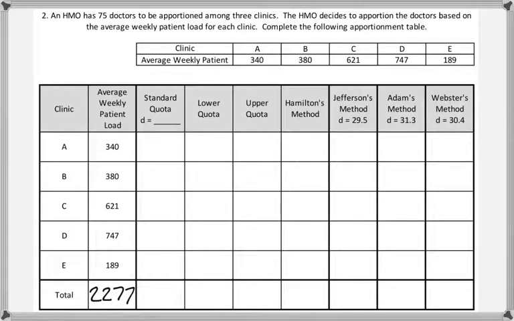So we have 2,277 divided by the 75 total doctors, and this is equal to 30.36. So that is my standard divisor.